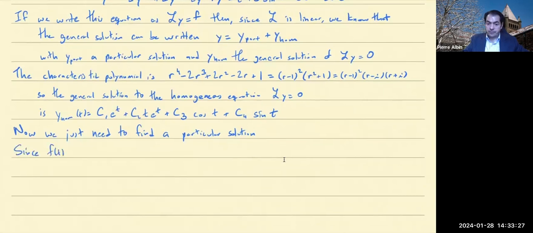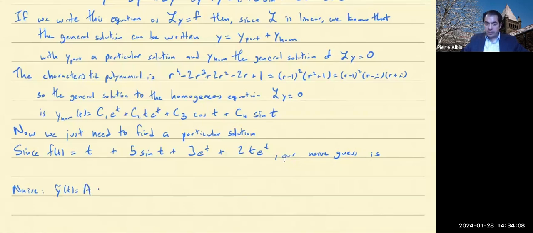Since our forcing term is equal to t plus 5 times sine of t plus 3 e to the t plus 2t e to the t, our naive guess, so I'll label it naive, right? So y tilde of t, right? So because of this t, we should try a polynomial of degree 1.